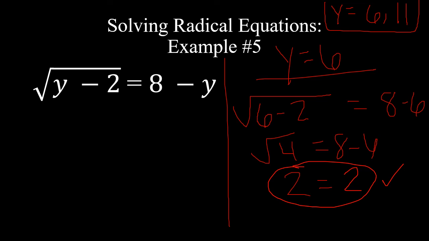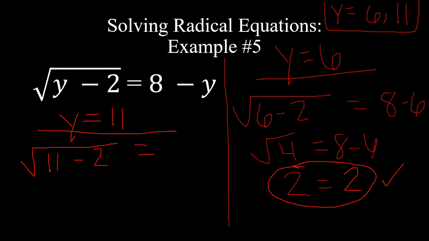All right, well, so far so good. Let's check y equals 11 now, okay? So now wherever we see y, we're going to plug in 11. So this becomes the square root of 11 minus 2 equaling 8 minus 11, okay? 11 minus 2 is 9. So we want the square root of 9 equals 8 minus 11.